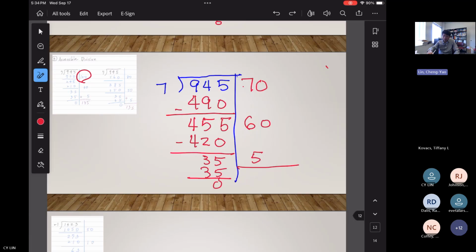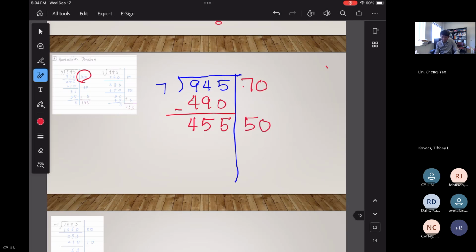Or if you want to try 50, it's still working. That's what I did, 50. And then you want to try 10 again, right? So you get 35 again.